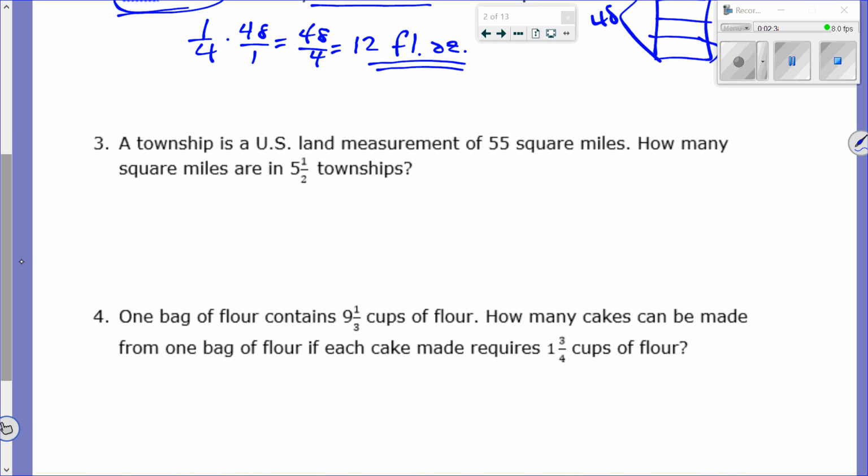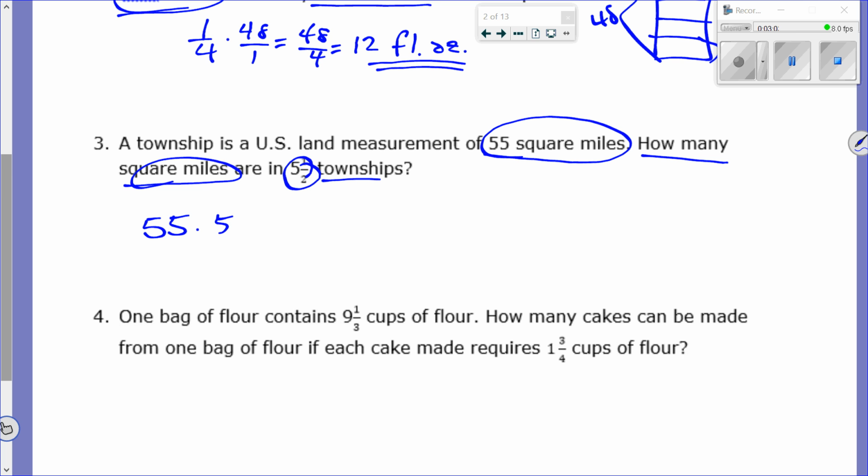Number 3, a township is a measure of 55 square miles. How many square miles are in 5.5 townships? So they gave me 1, but then they said I have 5.5 of those. So what is that operation going to be? Multiplying, right? Because I need to figure out what 5.5 of those are. So I have 55 times 5.5.